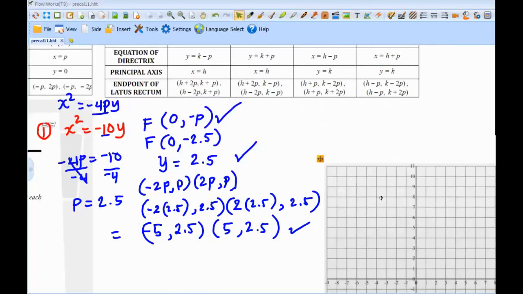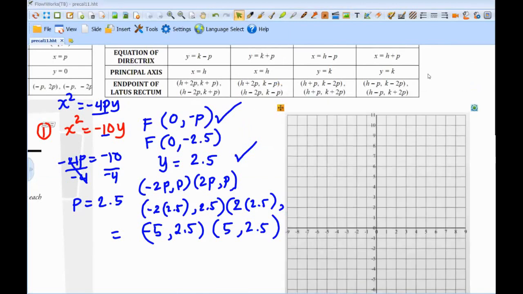Okay, let us graph this. The focus is located on 0, negative 2.5. So where is that? It's here, negative 2.5. The lattice rectum endpoints are negative 5 and 2.5.